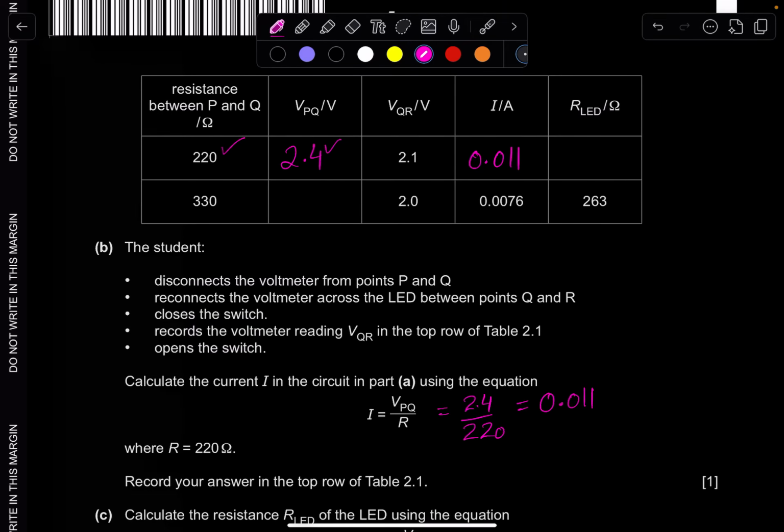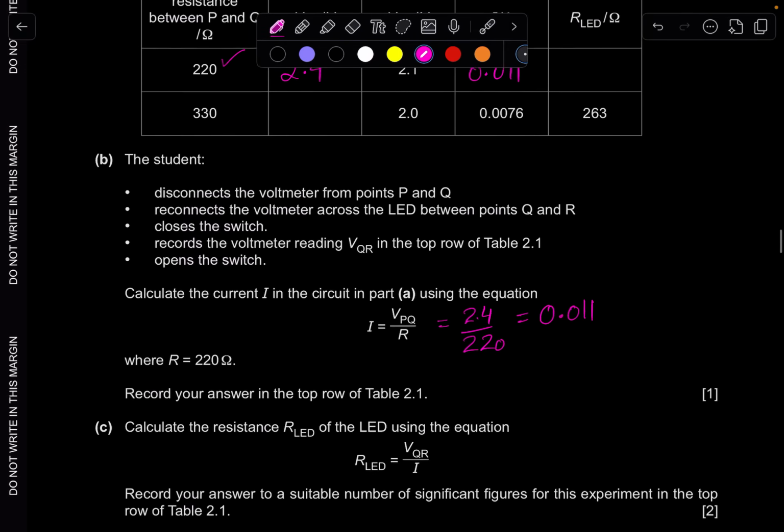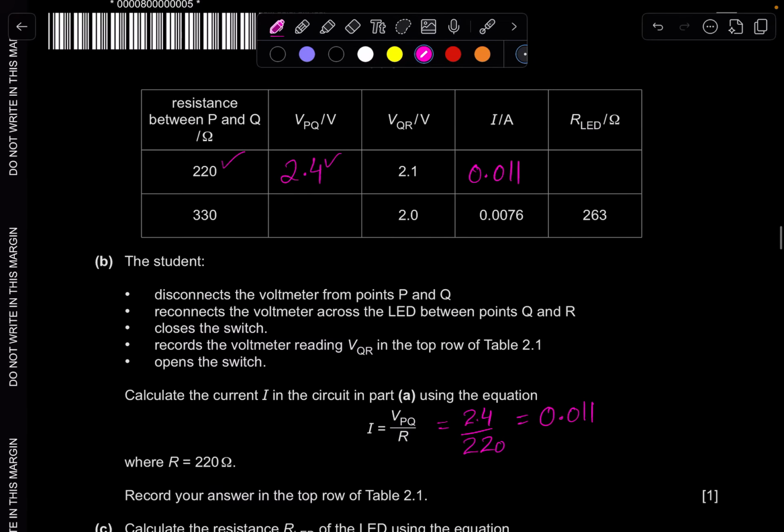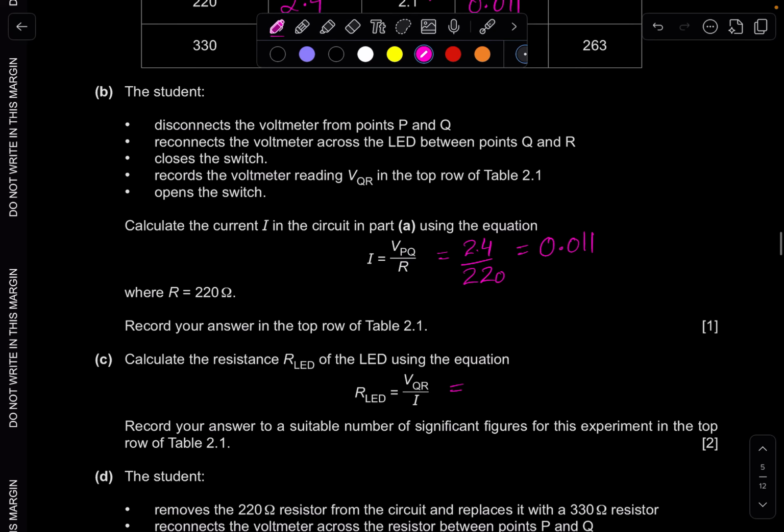0.011. Okay, then another equation for resistance of LED you have to record in the table. So let's put the value. Voltage of QR is given here, that is 2.1, and the current value we have calculated, this is 0.011.